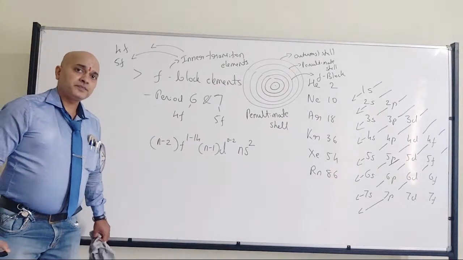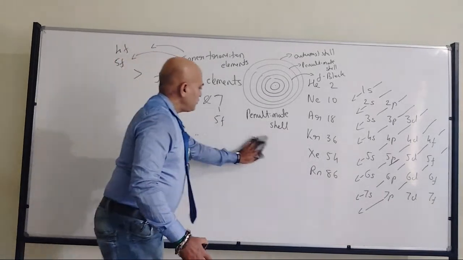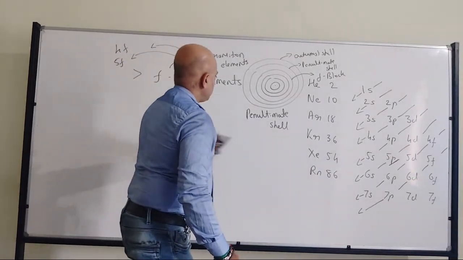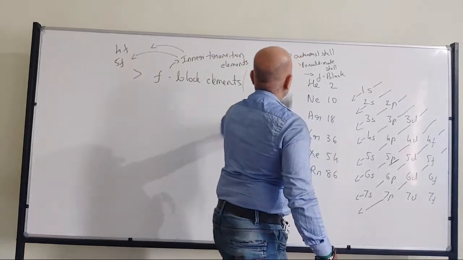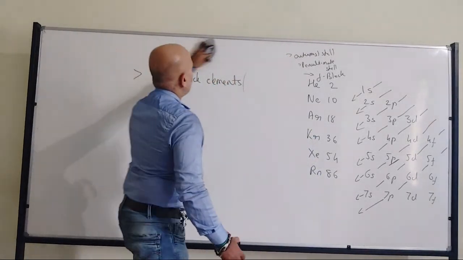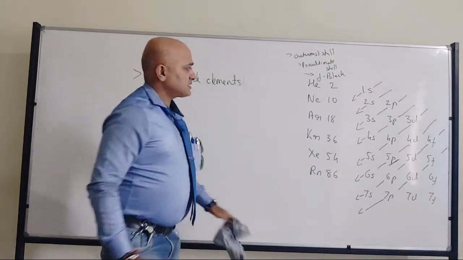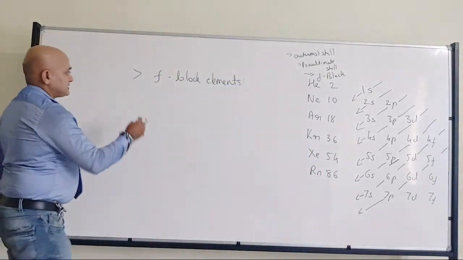Fine. Okay. So this is where we have the general outer electronic configuration. Now, what we have discussed here is related to the features of f block elements.